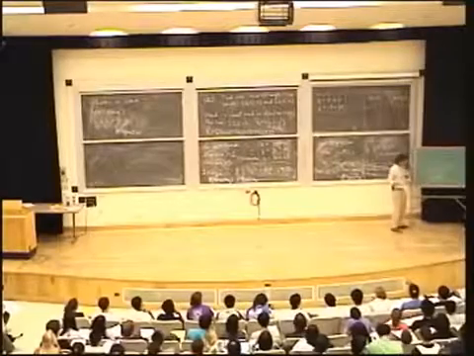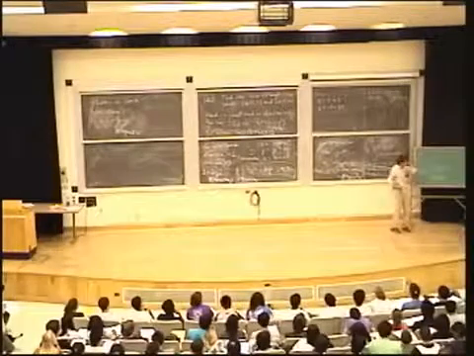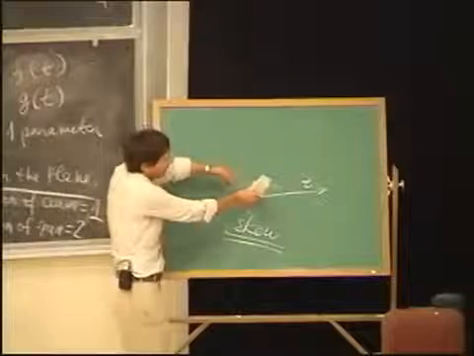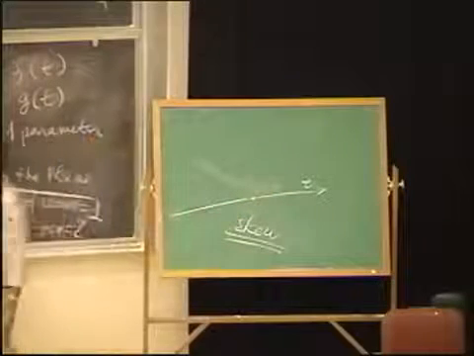So a plane, unlike a curve, is determined by a point on the plane and a vector which is perpendicular to it.